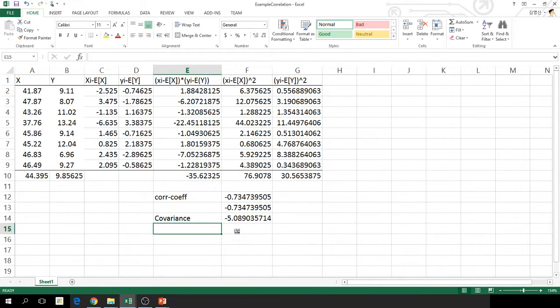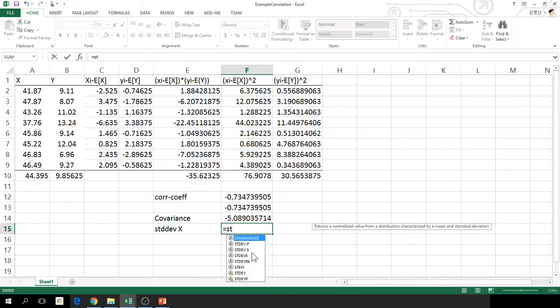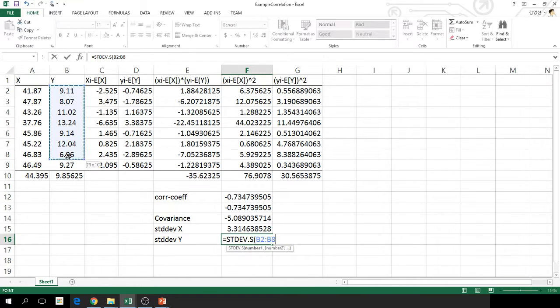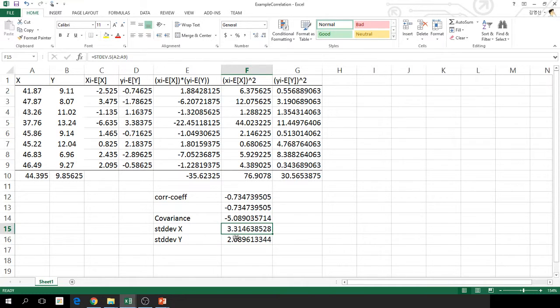And the sample standard deviation for X, and the sample standard deviation of Y can be calculated by the standard deviation function. So then we obtain the sample standard deviation for X and the sample standard deviation for Y.